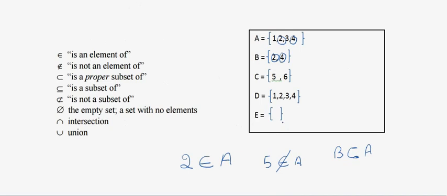Similarly, if I have a set D which has 1, 2, 3, 4 and A also has 1, 2, 3, 4, then you can say that D is a subset of A. In this scenario, the number of elements in D is equal to the number of elements in A.